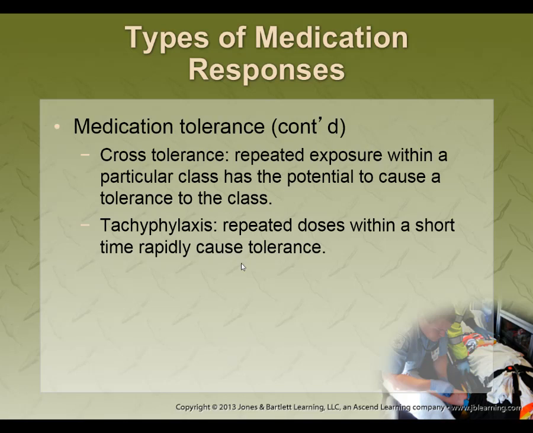You may have to increase their dose every 3 or 4 days because their body builds a tolerance to it so fast, because we're giving them a repeated dose. They may be on a fentanyl patch, plus they may be taking something by mouth, or maybe they're on what's called a continuous infusion through a PICC line or through a Mediport that's put under the skin. So just know that those are possibilities and what tachyphylaxis is.